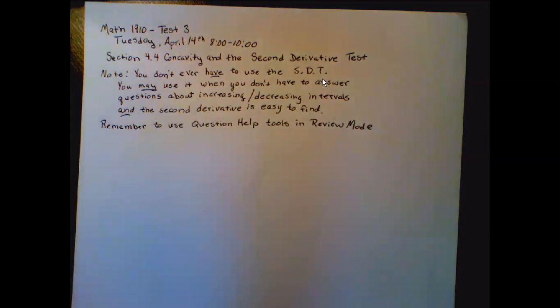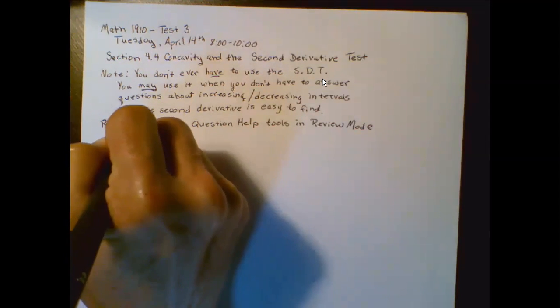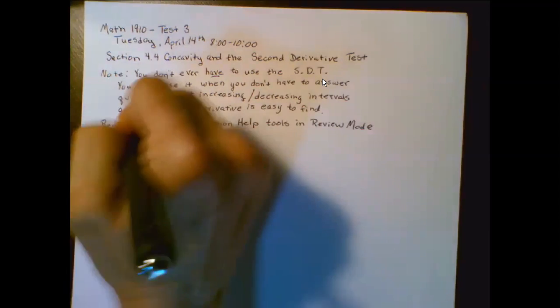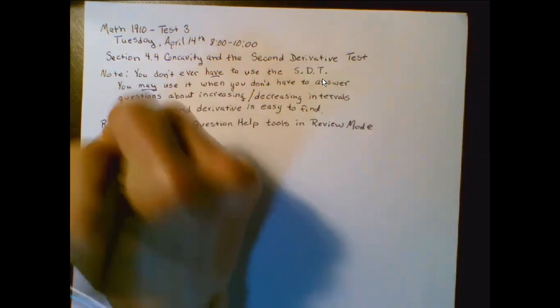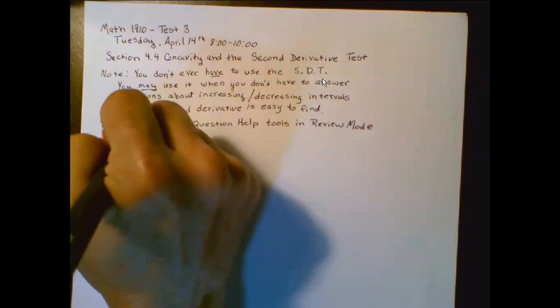Where the graph stops being concave down and starts being concave up. What do you call that point? An inflection point? Yeah.